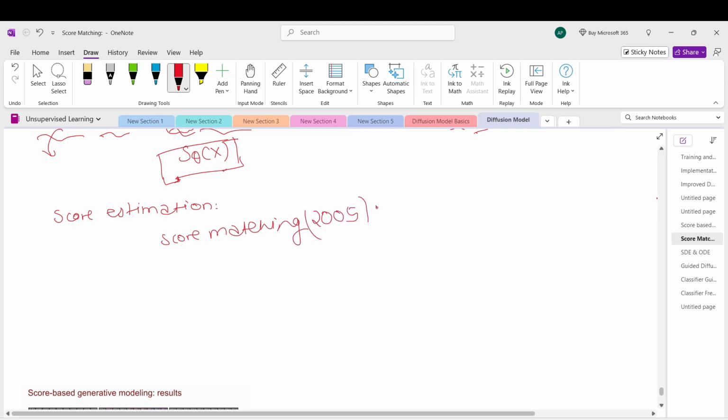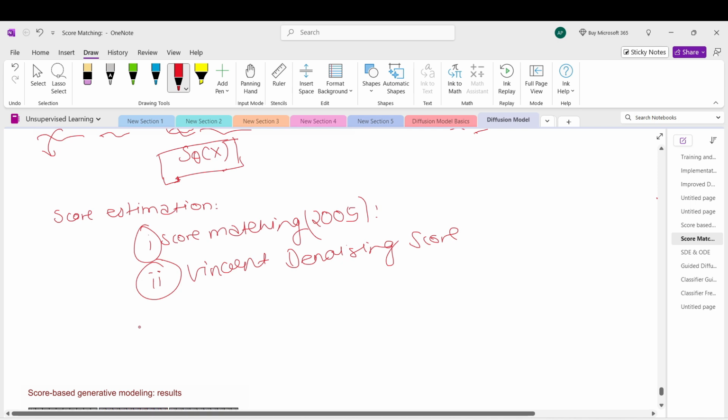That is the first paper, and in the second paper we see Vincent's denoising score matching, and third, we see sliced score matching. This is going to help us estimate the score. So these are the score estimation techniques.